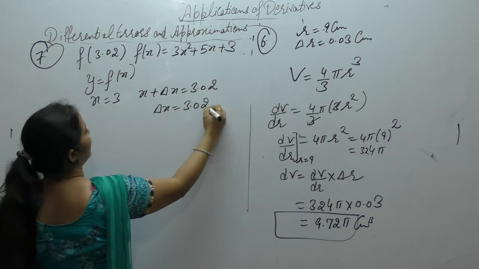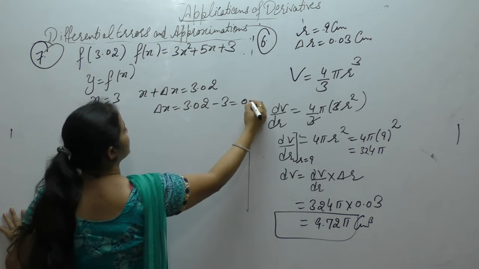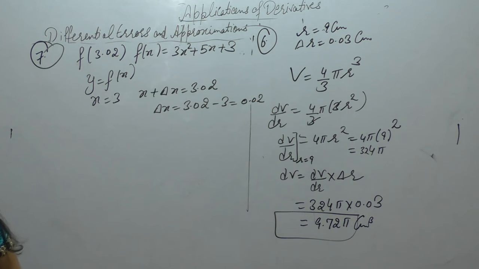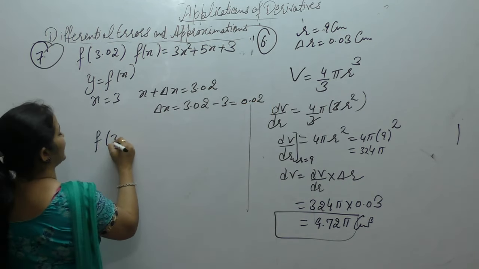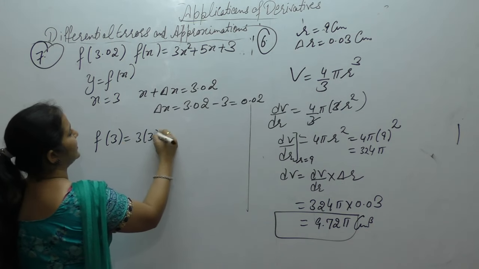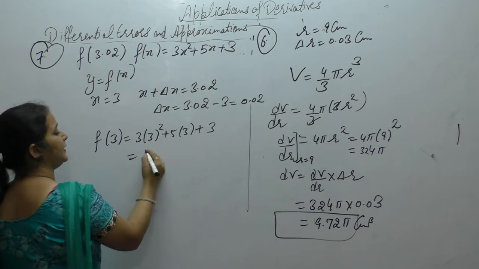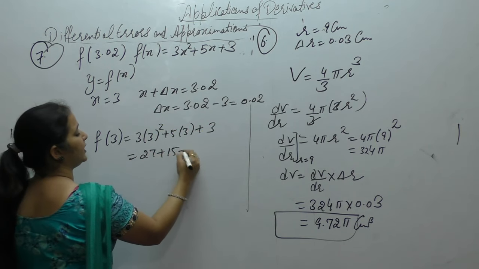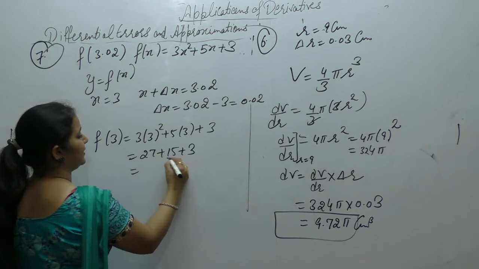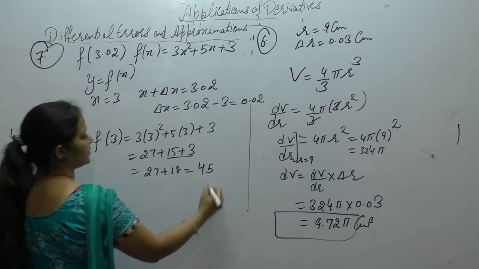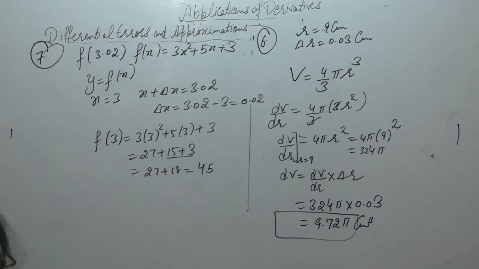Then what is the value of delta x? 0.02. Is it right? Now y is f(x), x is 3: 3 square is 9, 5 into 3 is 15, plus 3. 9 plus 15 plus 3 is 27.